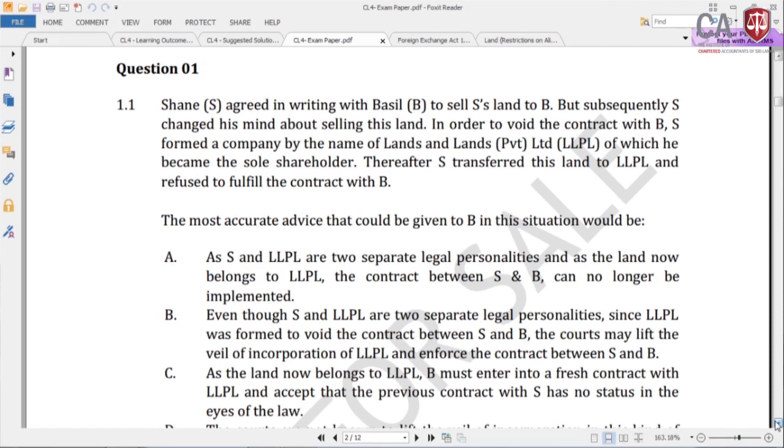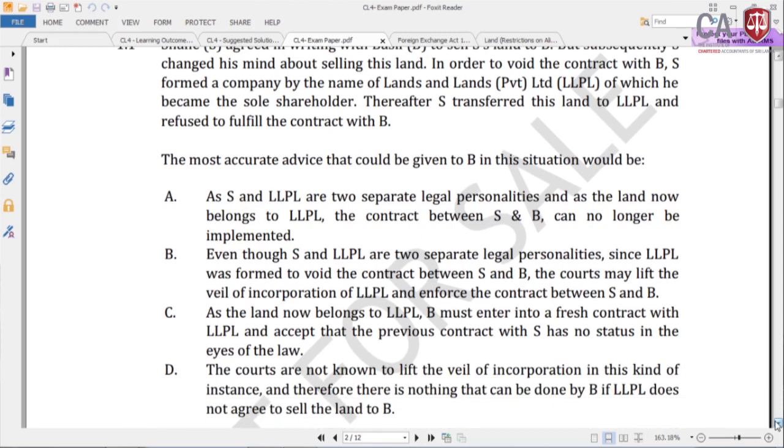Now what you are requested here is to find out the most appropriate answer, the most accurate advice that you could give to Basil in this situation.